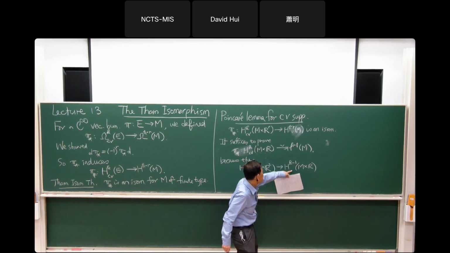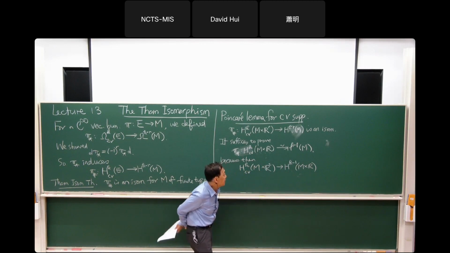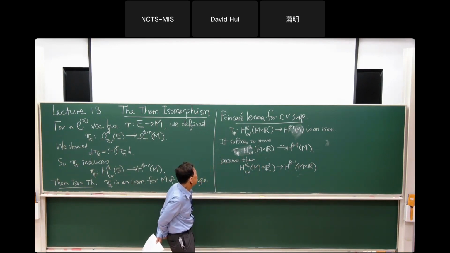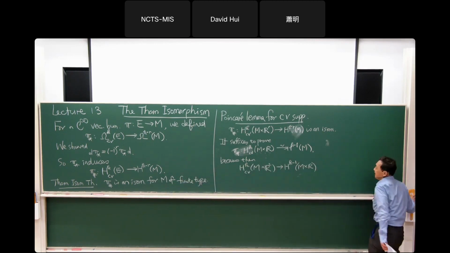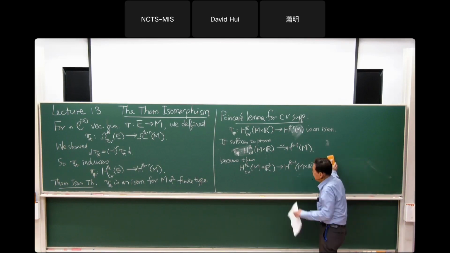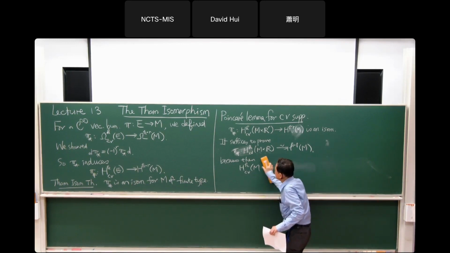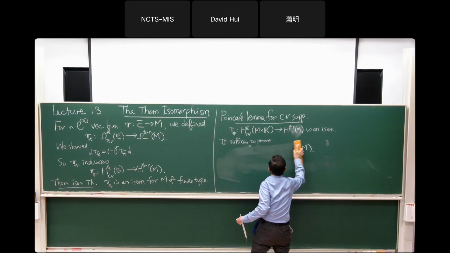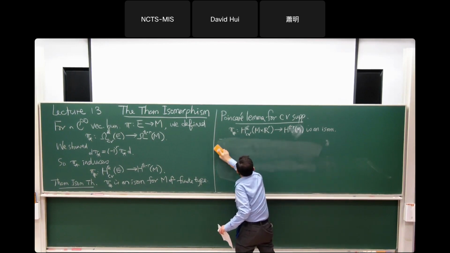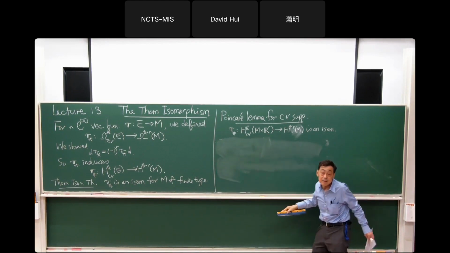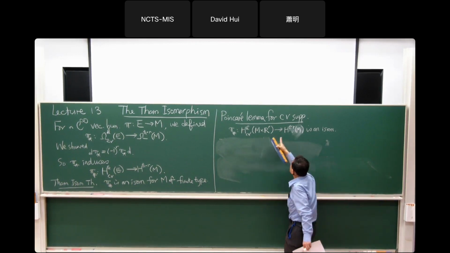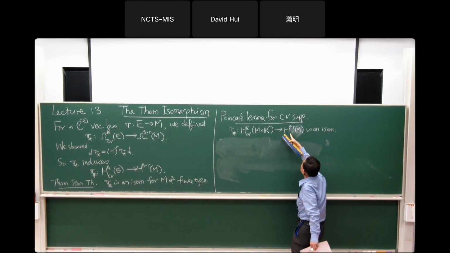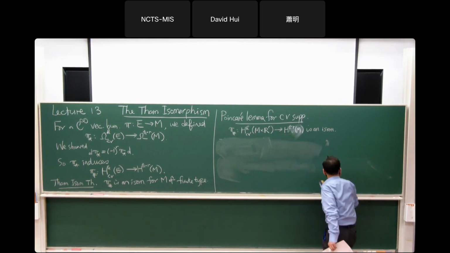Because I'm missing the compact vertical support. Yeah, so we can't just do it for M cross R. I think we have to do it for M cross R to the r. Yeah, because this doesn't go down to something with compact vertical support.